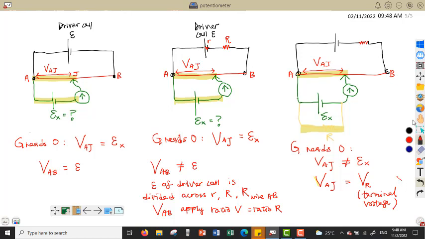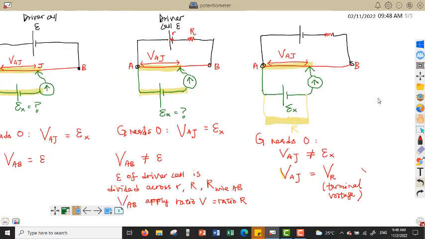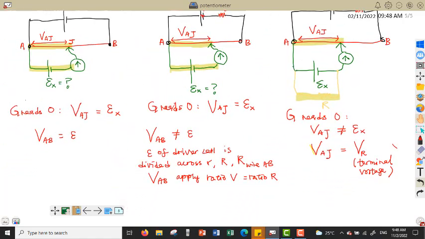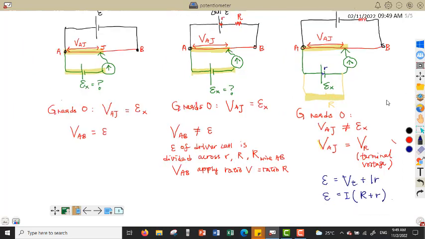And this terminal voltage we can relate with the EMF of the battery and also the internal resistance in the battery, if the battery has internal resistance, using the equation EMF is terminal voltage plus Ir, or we have EMF is I times r plus R.